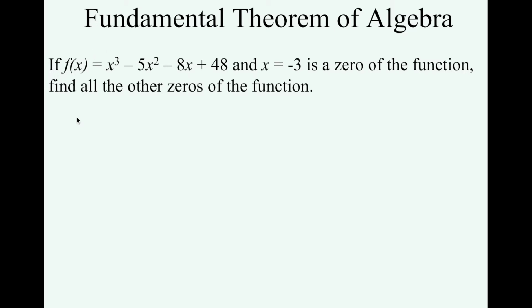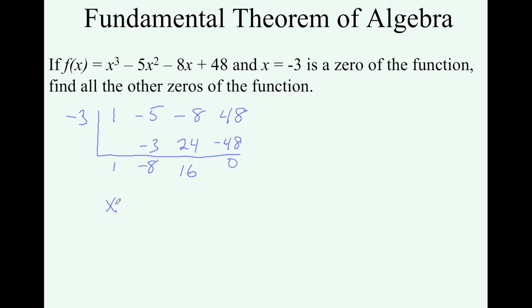Okay, so let's find these zeros here. So I'm going to do synthetic division. Okay, this becomes x squared minus 8x plus 16.